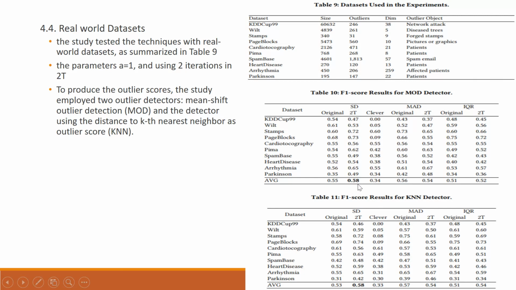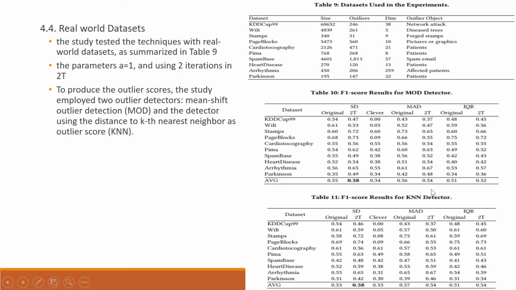Understand that for F1 score, the greater the better, and 2T helps to improve the overall prediction accuracy on average in the datasets, right?